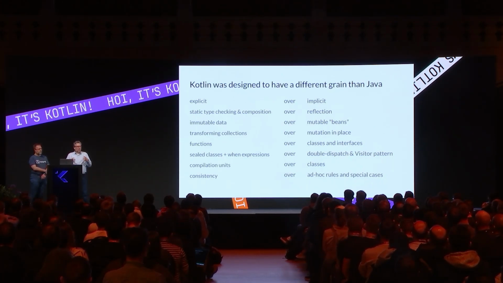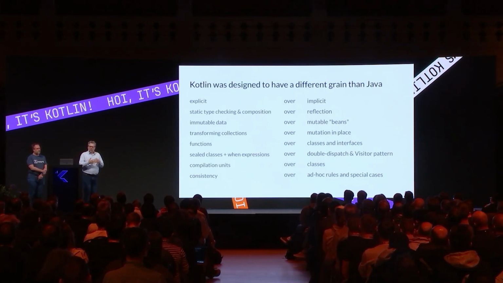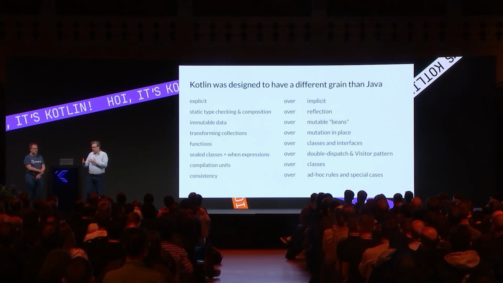So they addressed things like mutability, null safety, and many other aspects of Java, producing a significantly different style. Kotlin's grain seemed to guide one towards an immutable domain model and a functional core, imperative shell architecture, which was quite different from what people were producing, say, with Spring Boot.